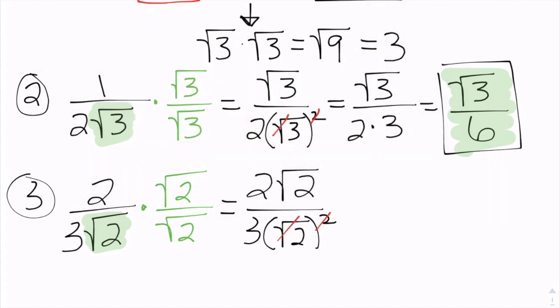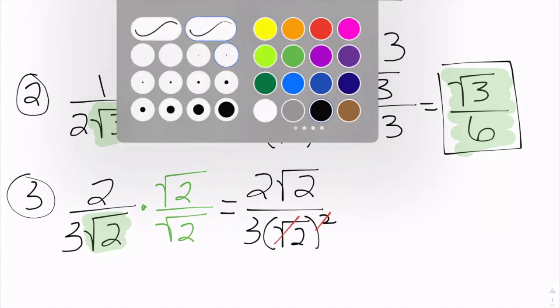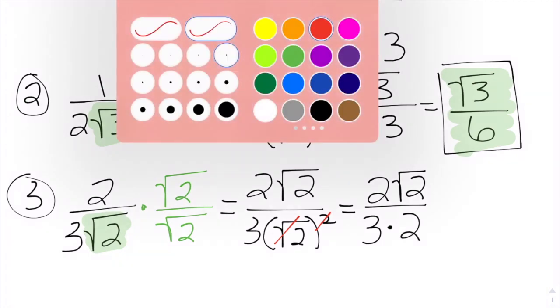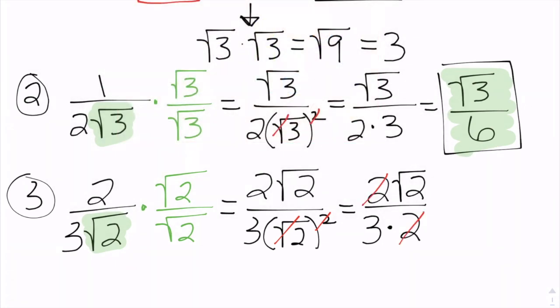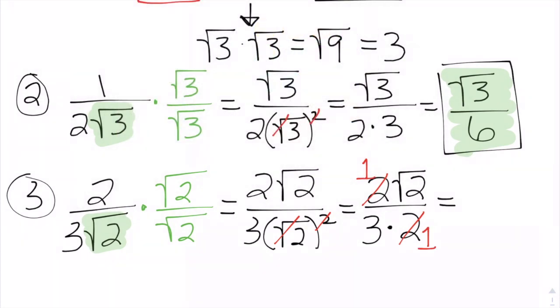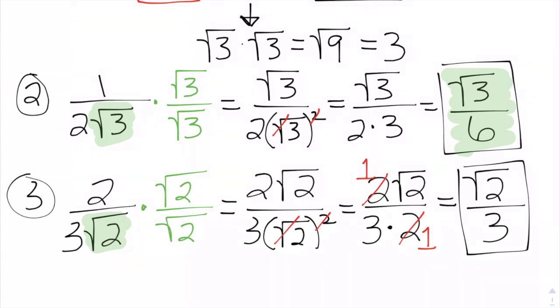And that squared cancels with the square root. And so that gives us 2 times the square root of 2 over 3 times 2. And now we can reduce this 2 over 2 to give us 1 over 1. And so 1 times the square root of 2 is the square root of 2, and 3 times 1 is 3. So the square root of 2 over 3 is our final answer.